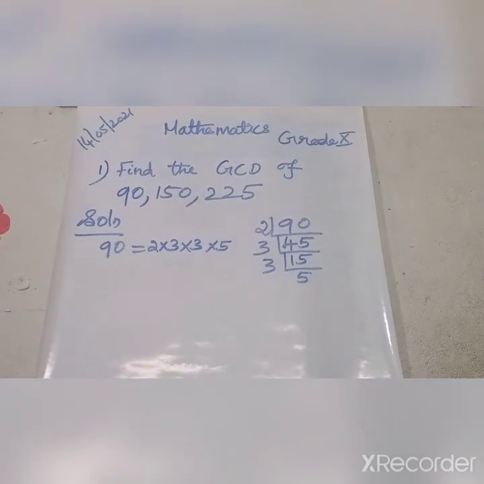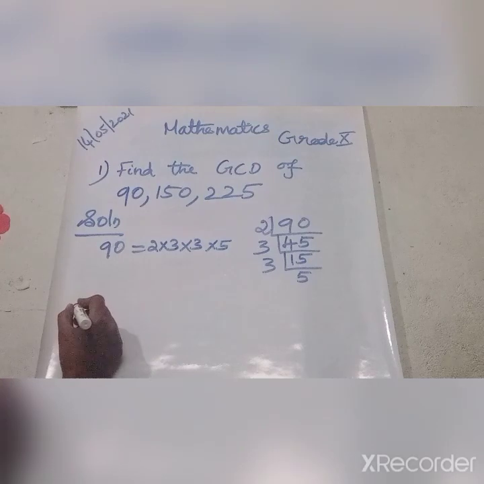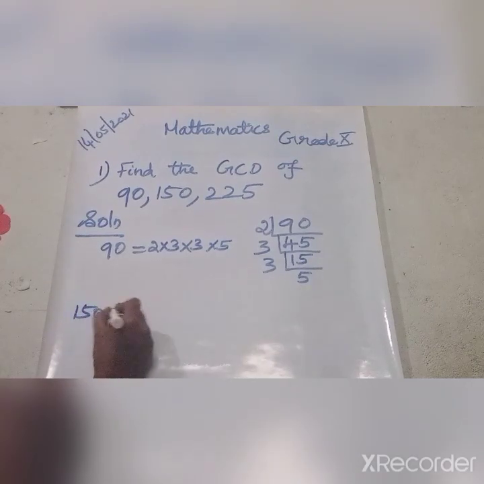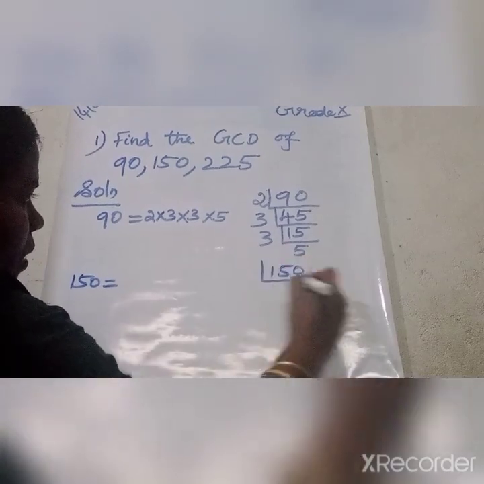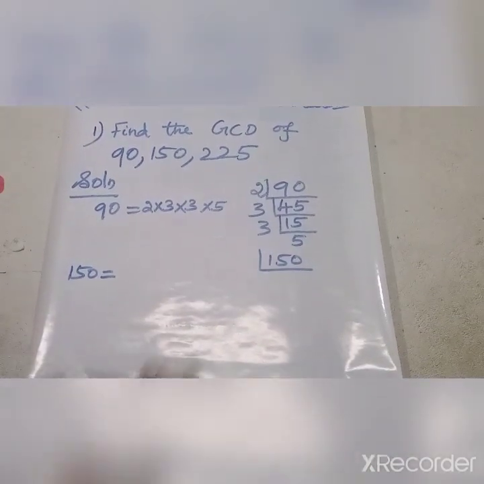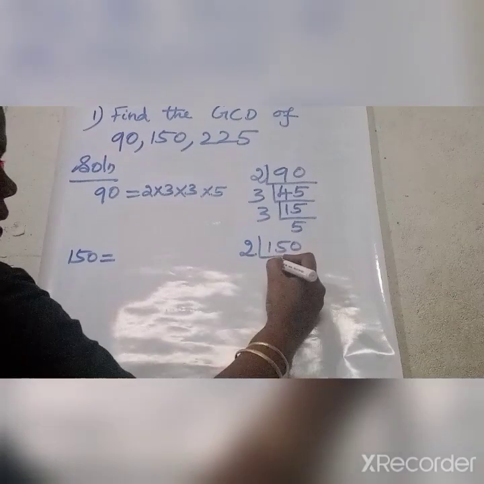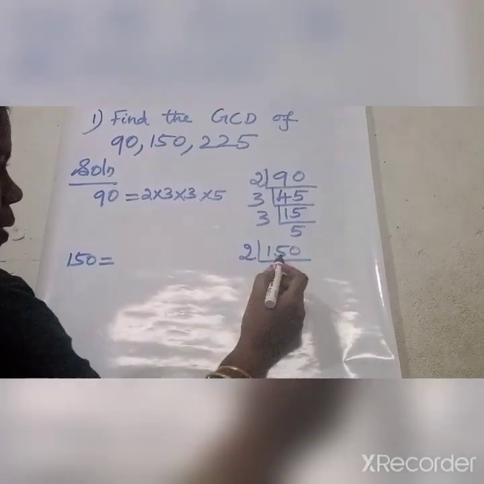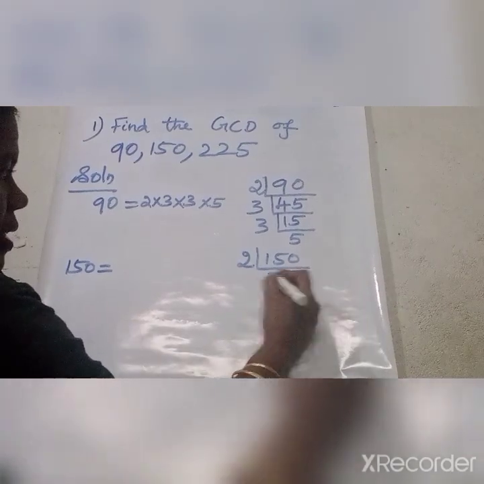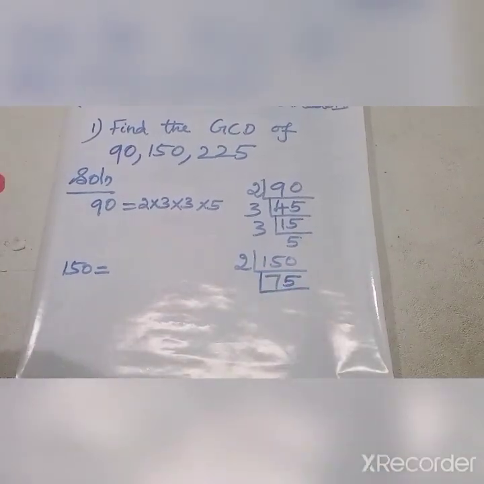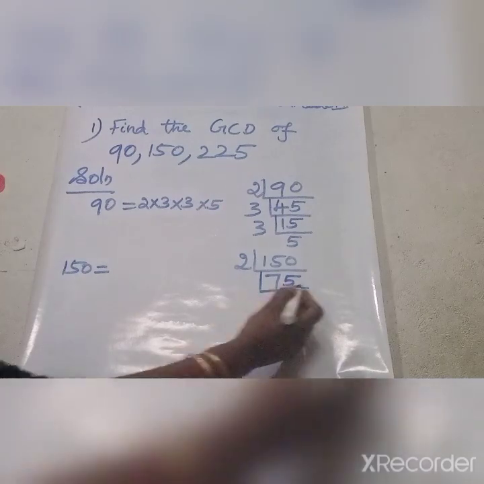Similarly, next number 150, let us divide it. Take the smallest prime number, 2. 7 2s are 14. One balance is there, 1 and 0 consider 10. 5 2s are 10. Next, 2 table is not possible. It is an odd number.